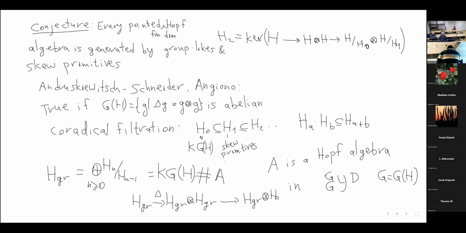This gives me a coaction of H0 on this, and I can ask what are all the things that are co-invariant under this, and this gives me exactly this. I can show it's a subalgebra. It's not a sub-coalgebra, but I can modify the coproduct so that it will be a sub-coalgebra. This is exactly the point where what previously was Q-primitive all of a sudden becomes primitive.